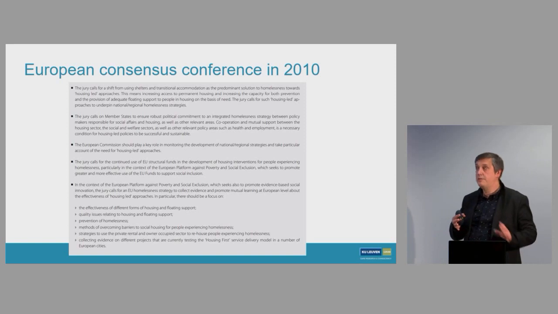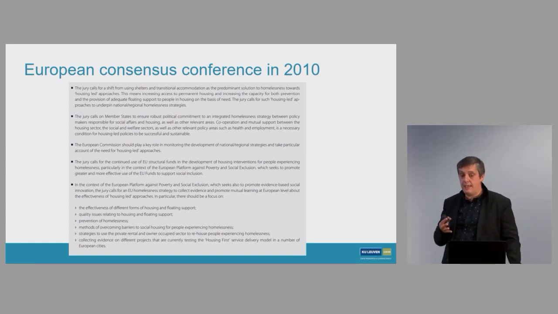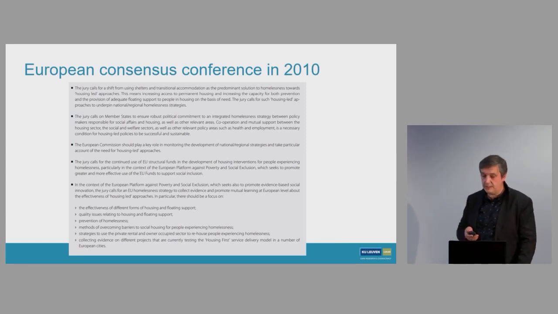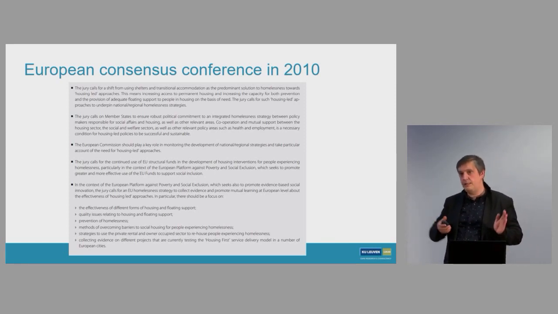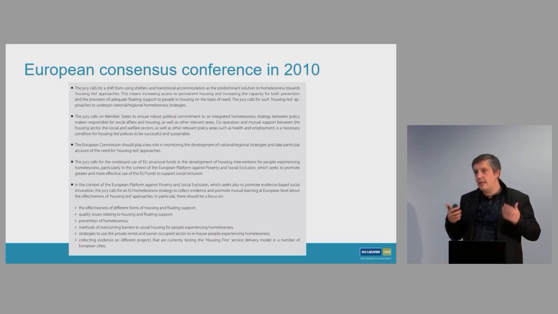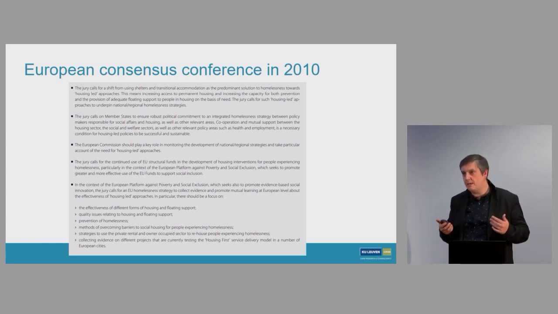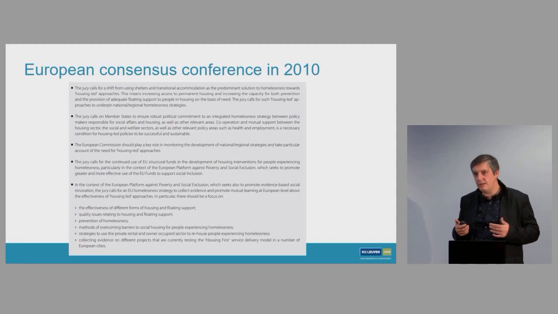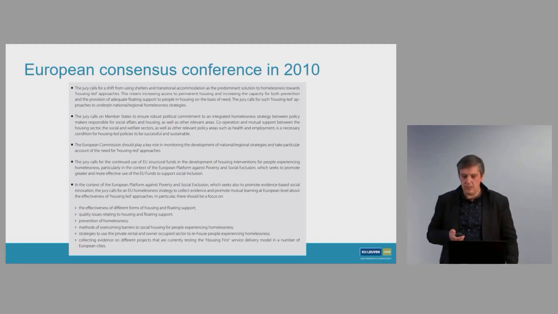And although there was a very big consensus that housing-led approaches are the main way of dealing with homelessness, at the same time, we see that scaling up housing first and scaling up housing-led approaches remains very difficult throughout the whole of Europe, with the exception, of course, of Finland.